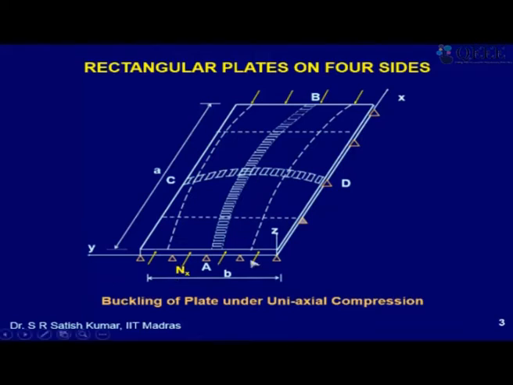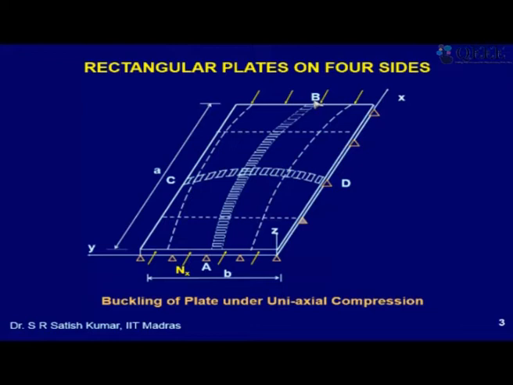And then as a consequence, what happens? As I go on increasing the axial load, what is likely to happen is that the middle strip, the strip AB, will start buckling, and basically the strip will try to come out of the plane of the plate.